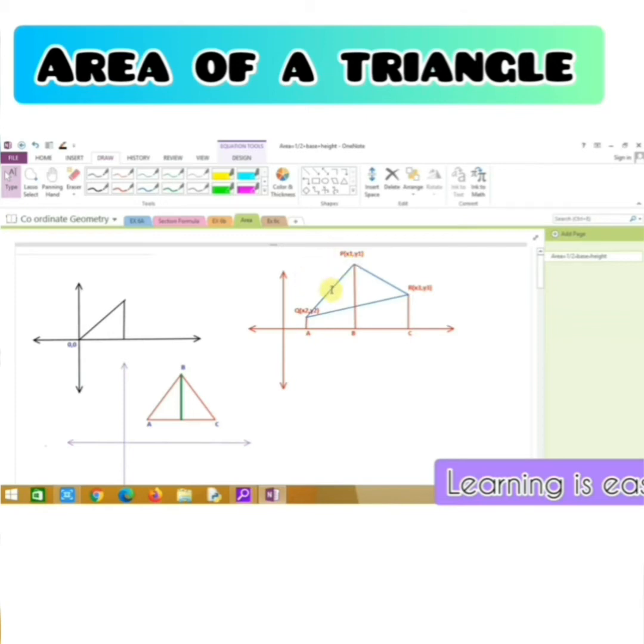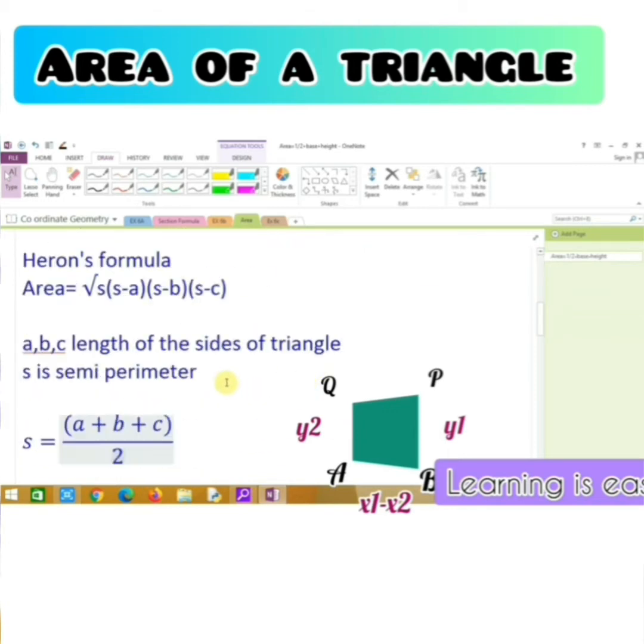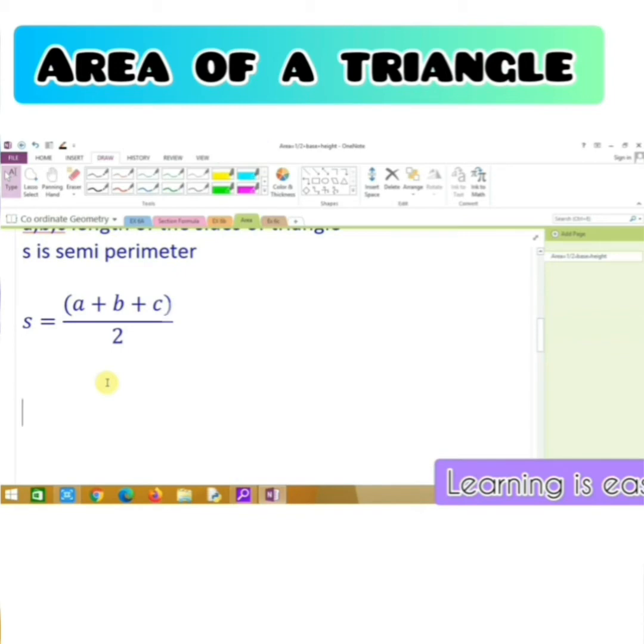For this we should also know the area of a trapezium, which is half into the sum of the parallel sides into the distance between those two parallel sides. So QABP is a trapezium, and Y2 and Y1 are the parallel sides.